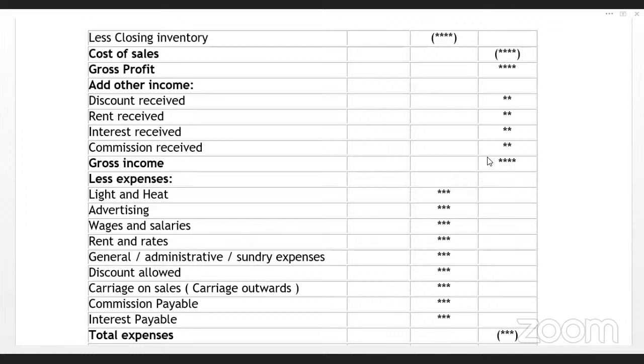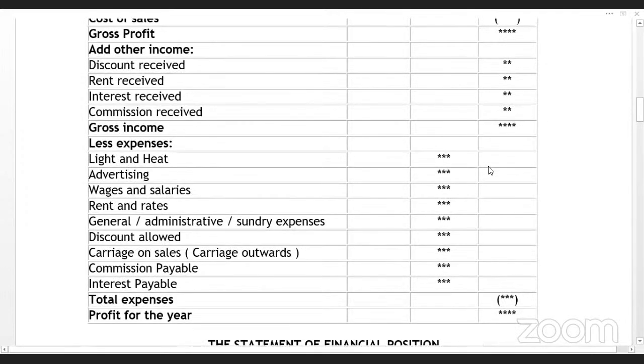You have to list all those operating expenses from your gross income for you to be able to get what we call the profit for the year.